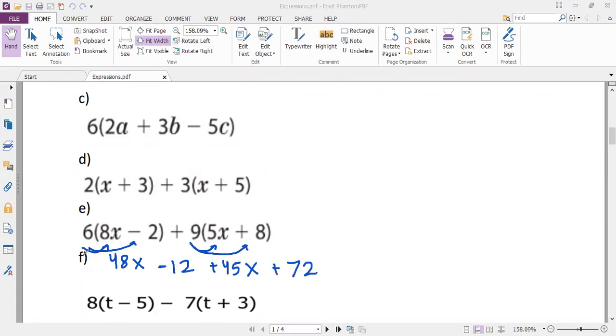Okay, so I have 48x plus 45x. They are like terms, so combine them together. Add them. 48 plus 45 equals 93x. Okay, and I have minus 12 and 72. So equals plus 60.